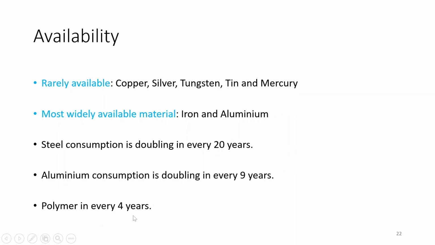Polymer consumption is doubling every 4 years. So as you can see, as you move down further, your doubling time is reducing, and also the materials are becoming lighter. So we are moving into making our materials lighter and lighter.